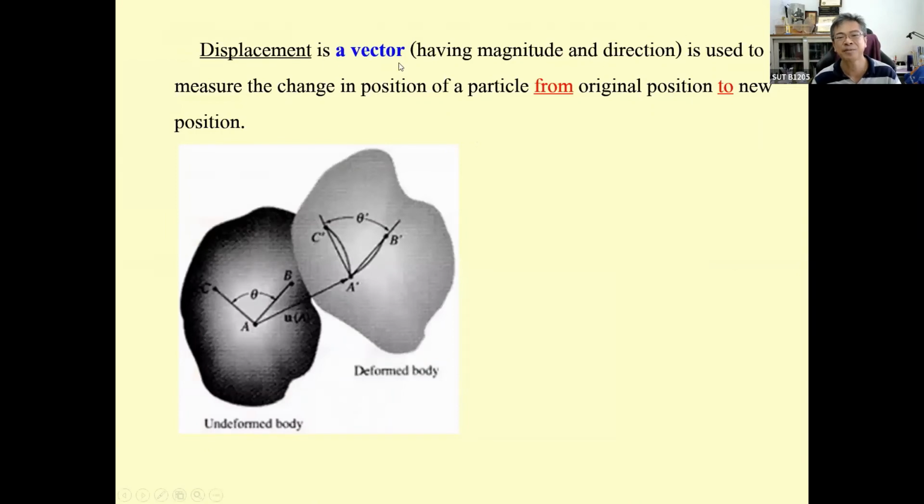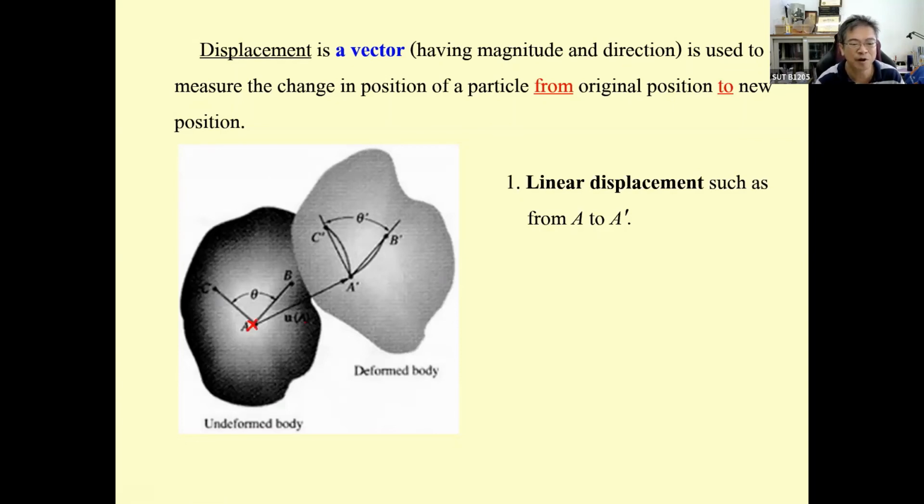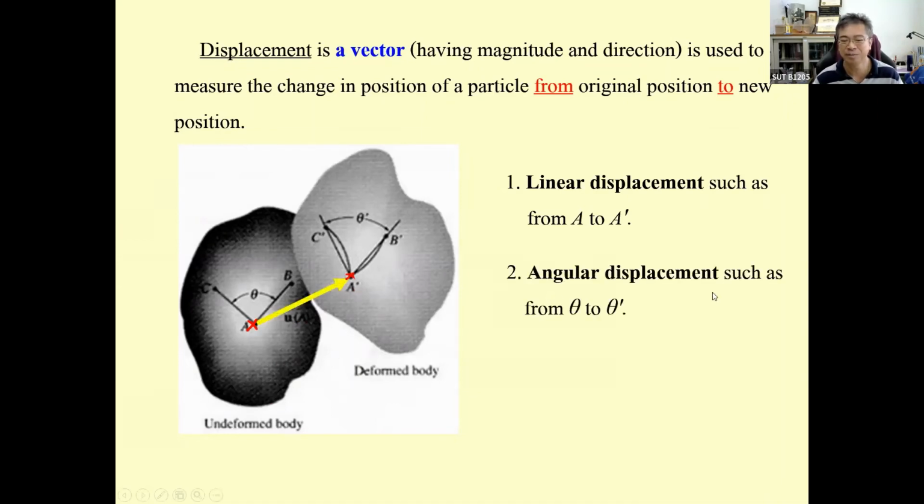The displacement is like a vector: it has a magnitude and a direction. Theoretically, linear displacement is moved from A to A prime, and the angular displacement means the change in the angle between the given lines, like this.